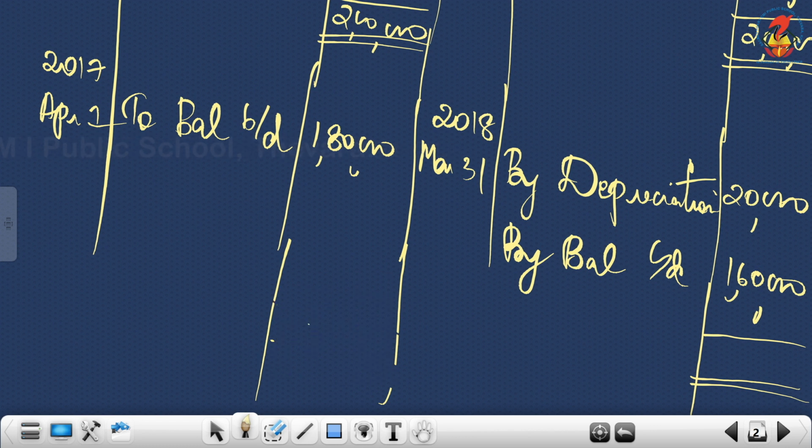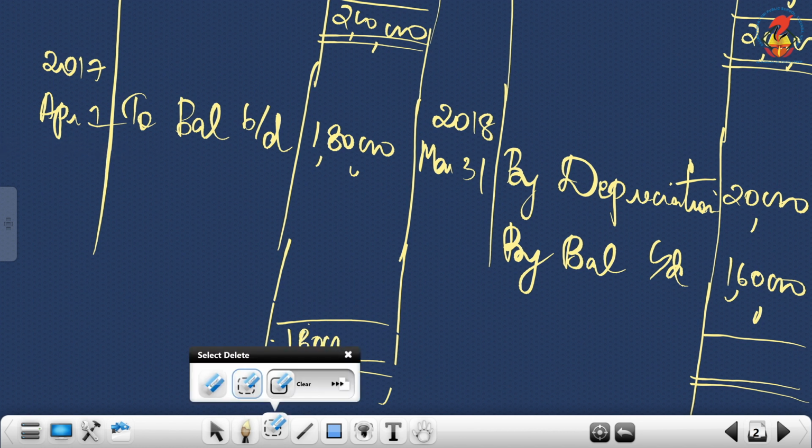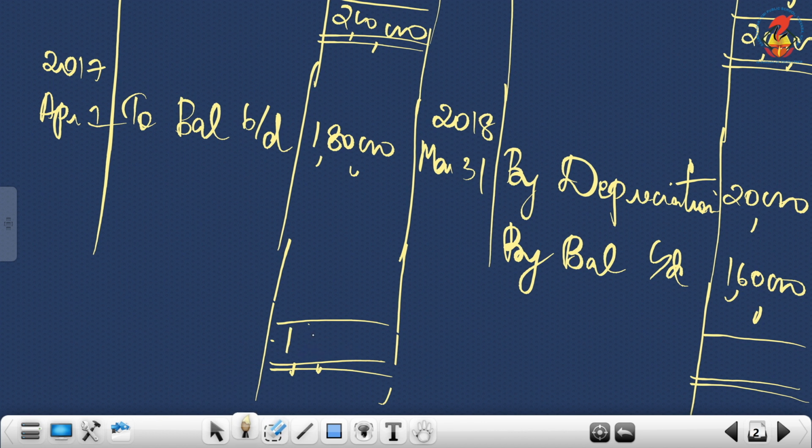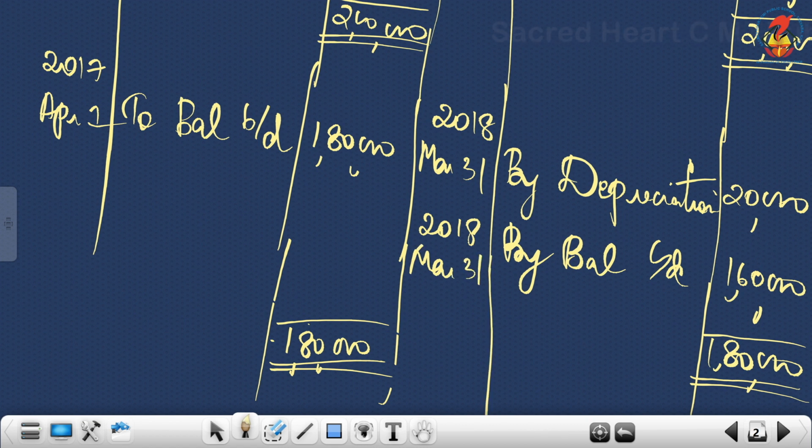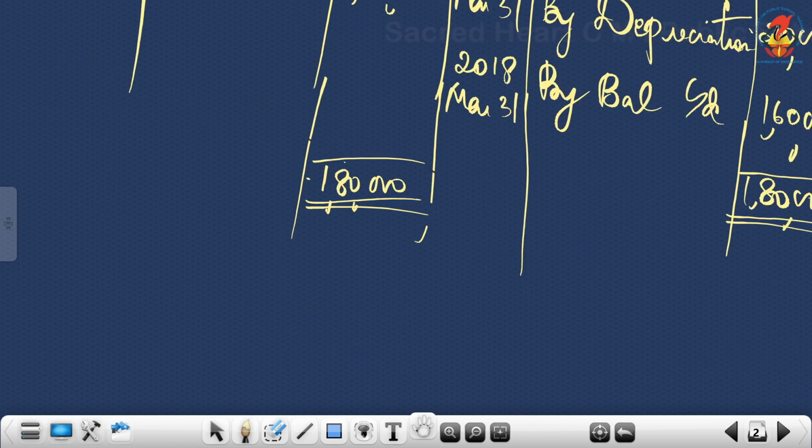Write the totals on the same line always. Now you can start the third year. The balance carried down date will be the year ending.